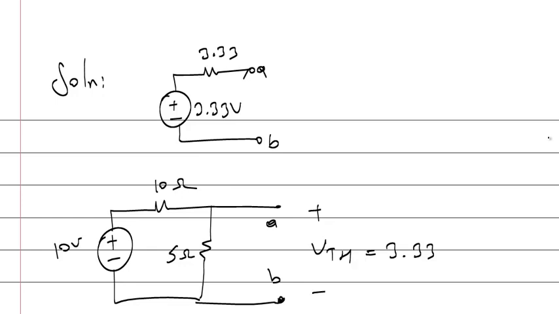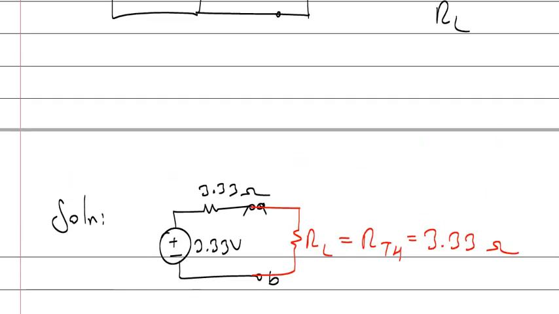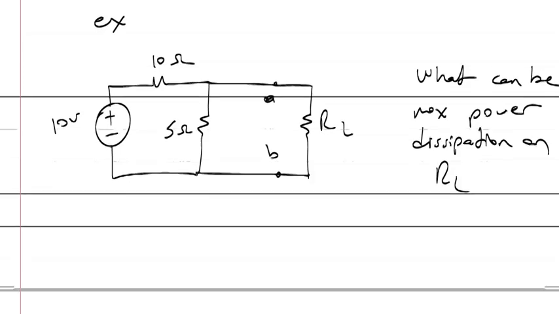And then I will connect RL, and I know that RL should be equal to the Thevenin resistance of the circuit. I have calculated that, it's 3.33 ohms. So in that circuit, if I connect 3.3 ohms, RL will be dissipating the maximum power.